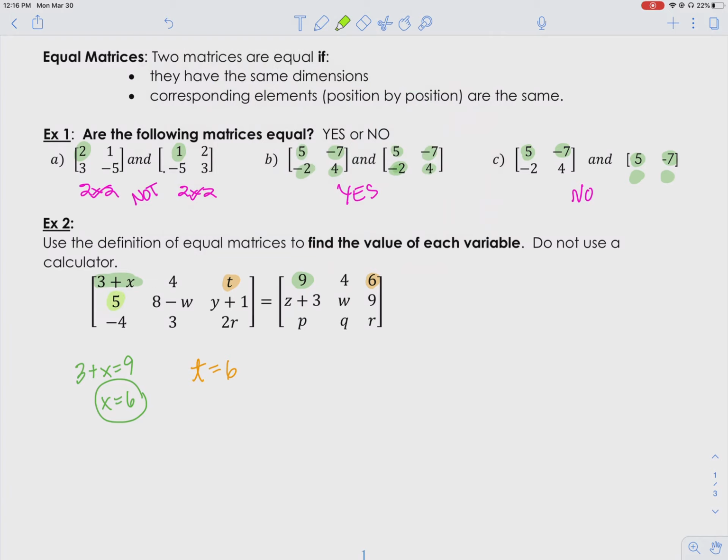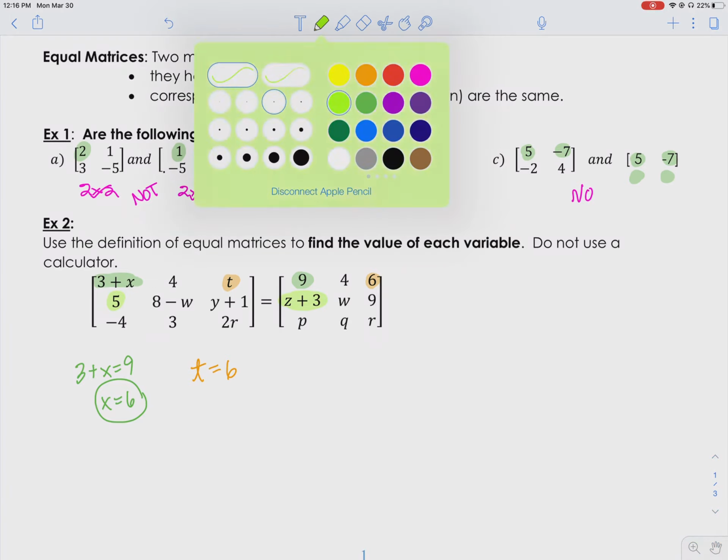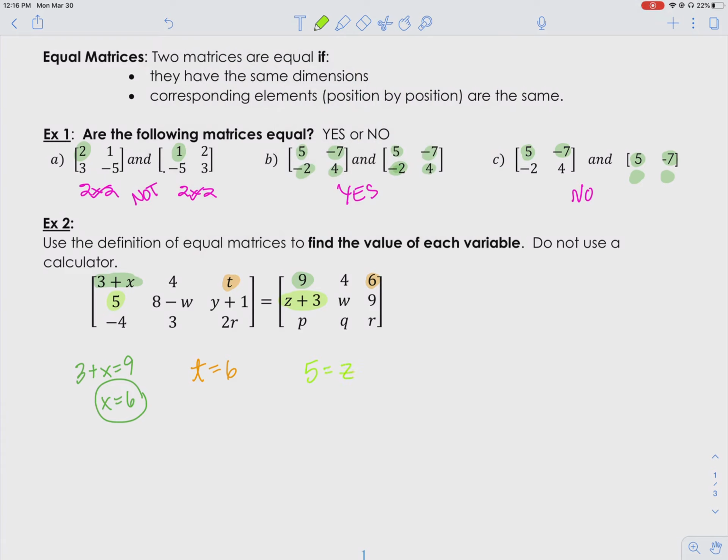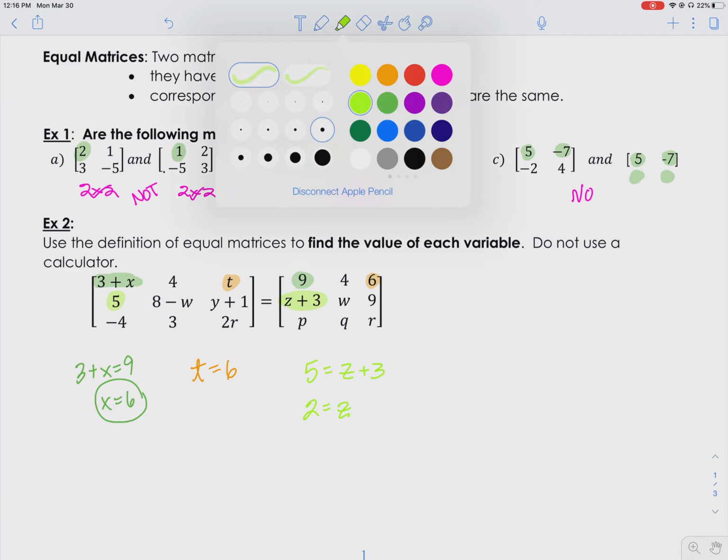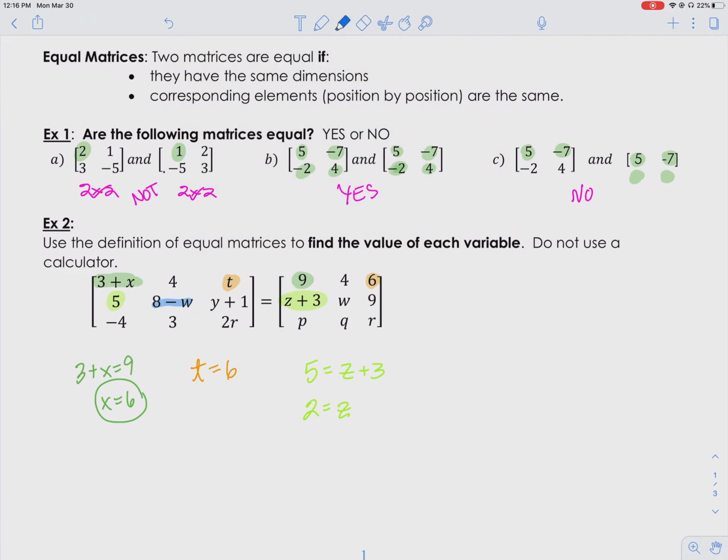Let's try another one. How about that 5 is z plus 3. So 5 equals z plus 3. So that means my z has to be 2. Okay, let's look at the next one. That's 8 minus w is equal to w.